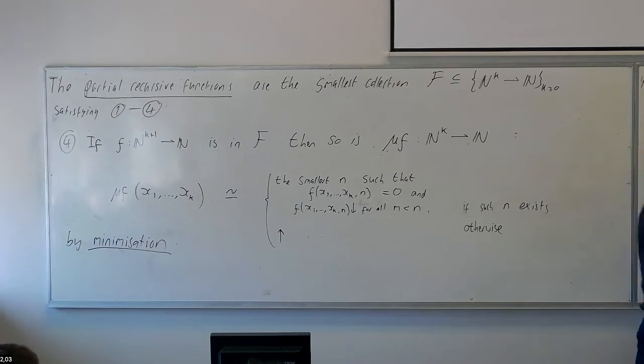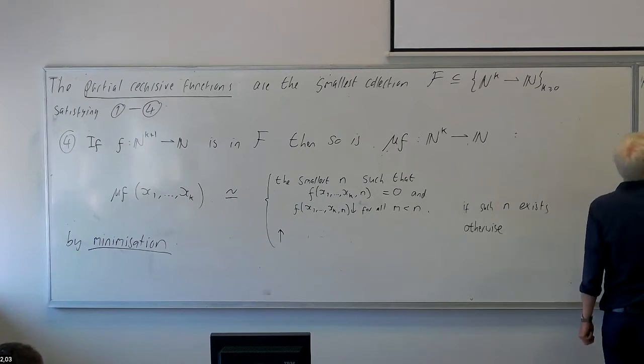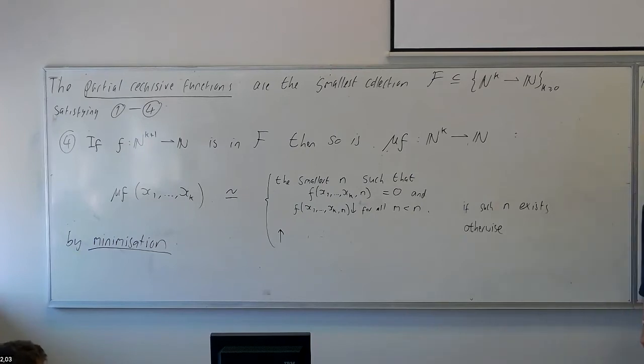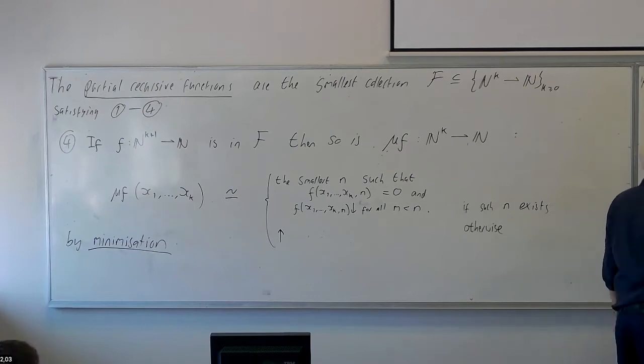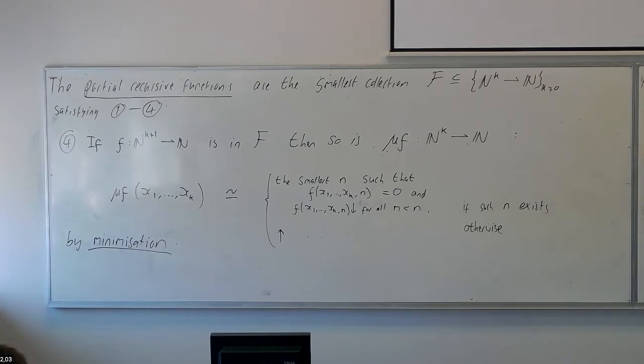So H1 is a 2-argument total function. So let's just consider what happens if we minimize H1. So apply mu to H1, so that's now a 1-argument partial function. Let's just call it mu H1.